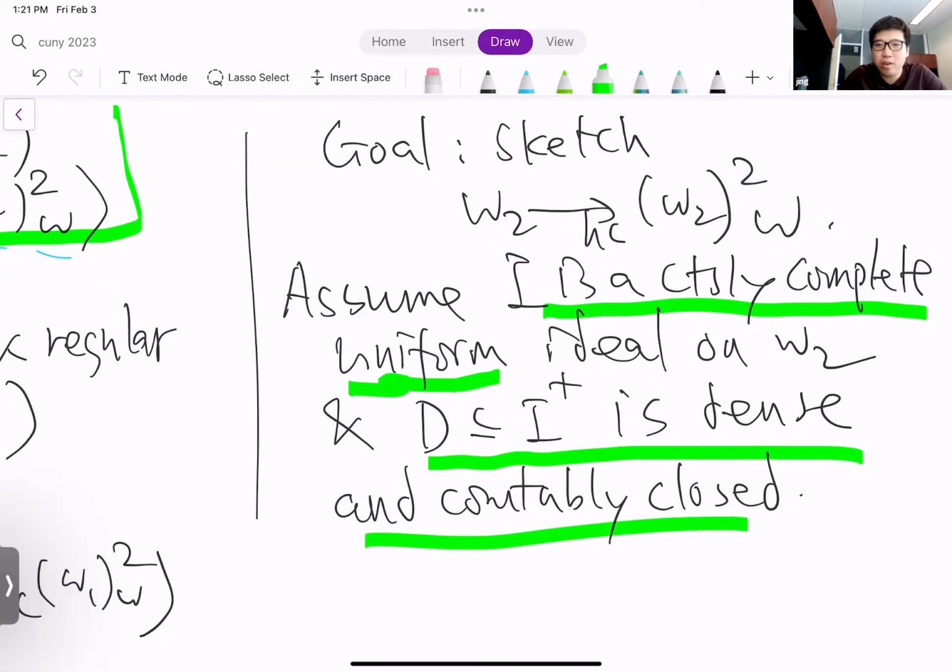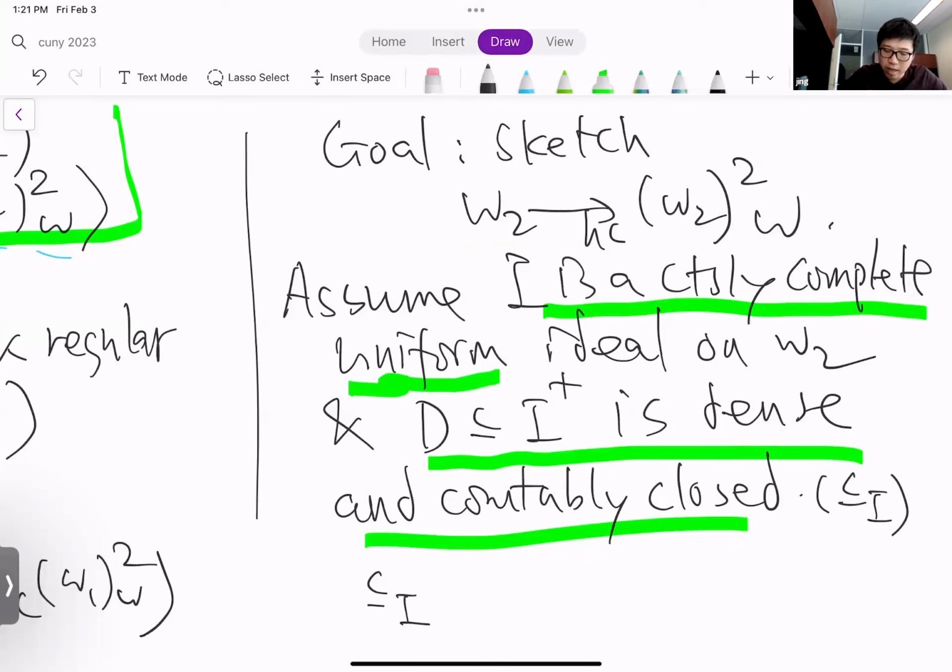It just means that you have a collection of dense subsets, dense in the sense of containment mod I. All the order I'm talking about here is containment mod I. So you have a collection of positive sets such that it's dense: for any positive set, you can find a positive subset mod I in this collection, and this collection is also countably closed.